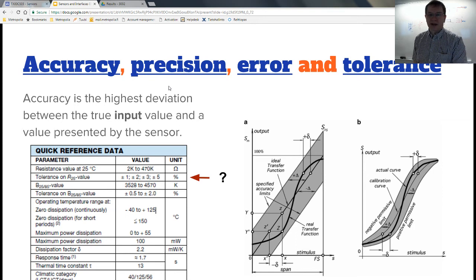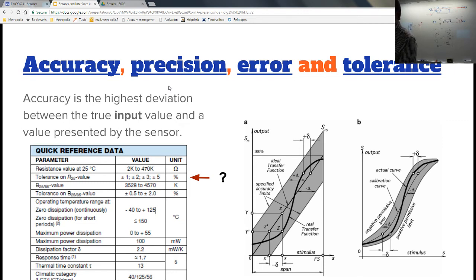Error is simply the difference between the true and the measured value. Tolerance, okay, this is the manufacturing kind of term. Tolerance gives the accuracy of these, or how much the values on average differ from sensor to sensor.